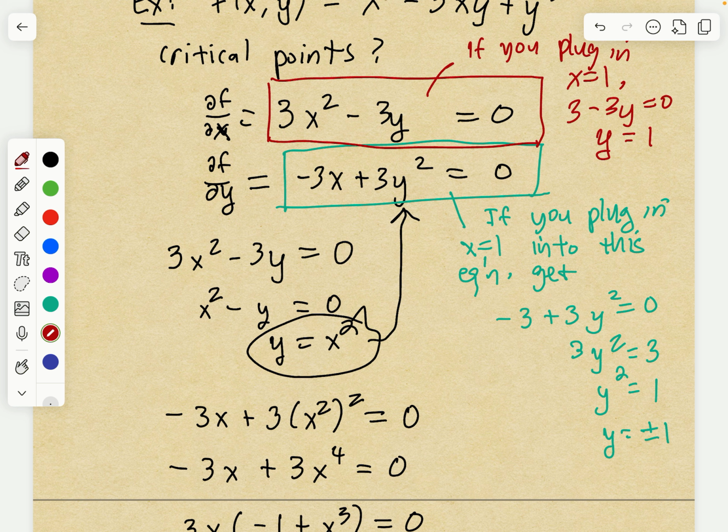So that explains why 1 comma negative 1 is not a critical point. And so if you're going to use both equations like this, you have to plug x equal to 1 into both equations if you have a scenario where you get more than one value of y. Because both equations need to be satisfied in order to count as a critical point. The point 1 comma negative 1 satisfies the second equation, but not the first equation.